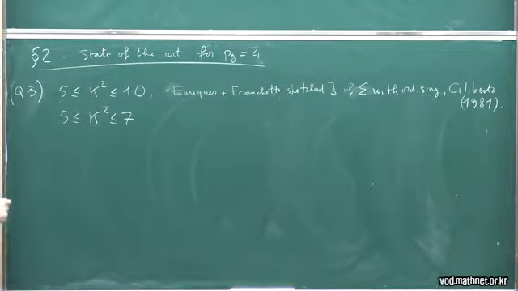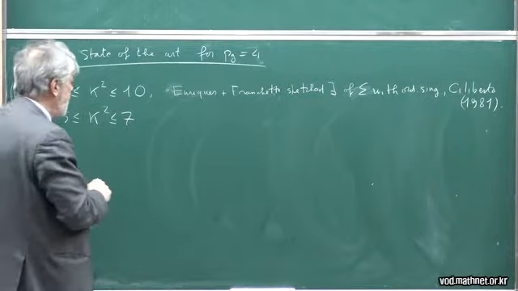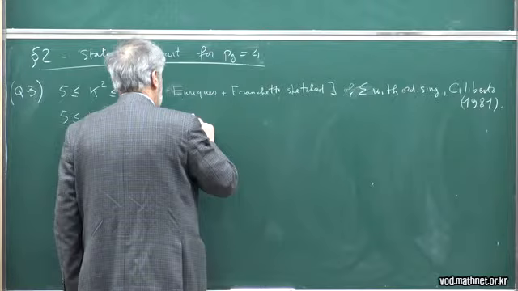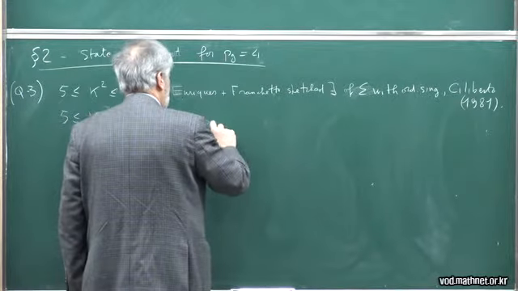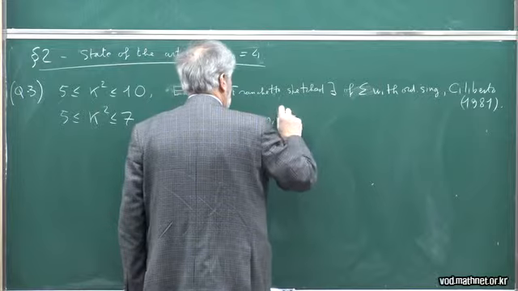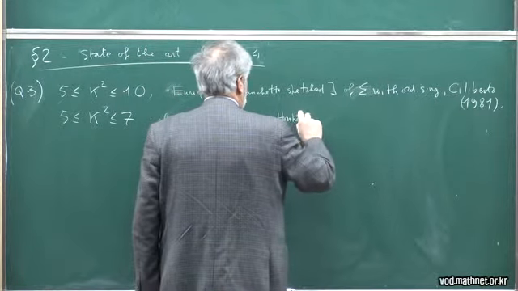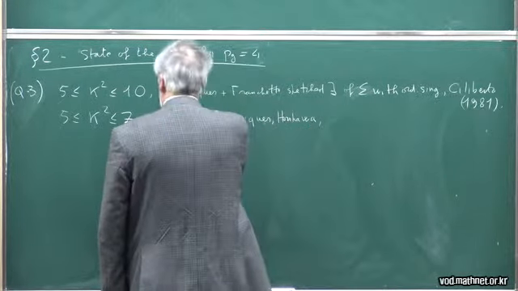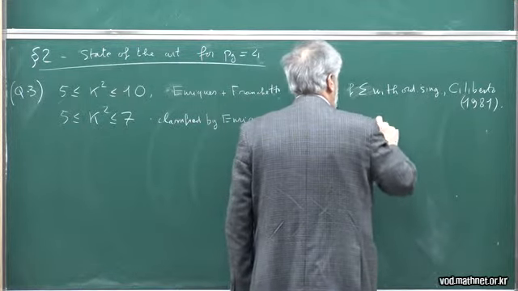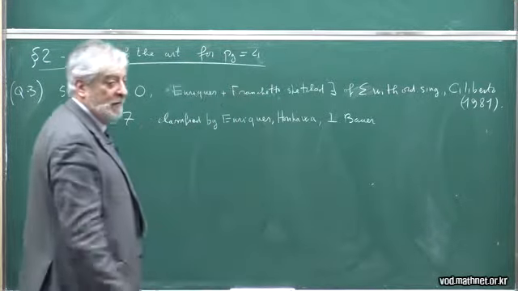I should say that concerning classification, under the condition PG equals 4, K square 5, 6, 7, these are classified by Enriques, Horikawa. Horikawa did clarify the case K square 6, and then Ingrid Bauer classified K square 7.